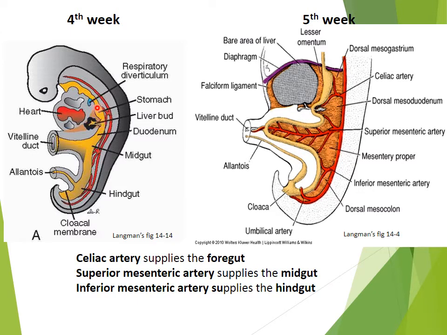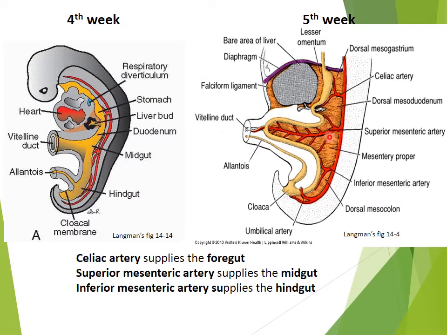So the aorta, which is lying dorsally, gives branches which pass through the mesentery of the gut tube. You can see that dorsally, from the distal aspect of the esophagus, stomach, duodenum, small and large intestine, all of it is going to attach to the dorsal body wall through the dorsal mesentery.